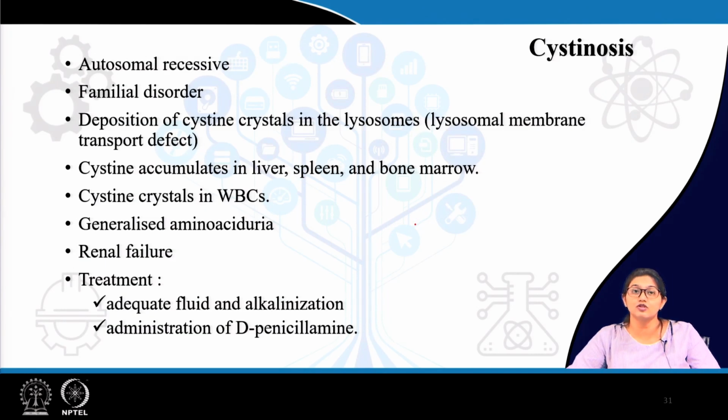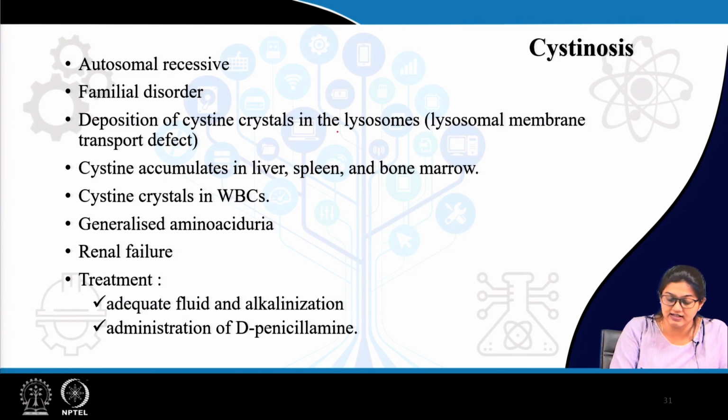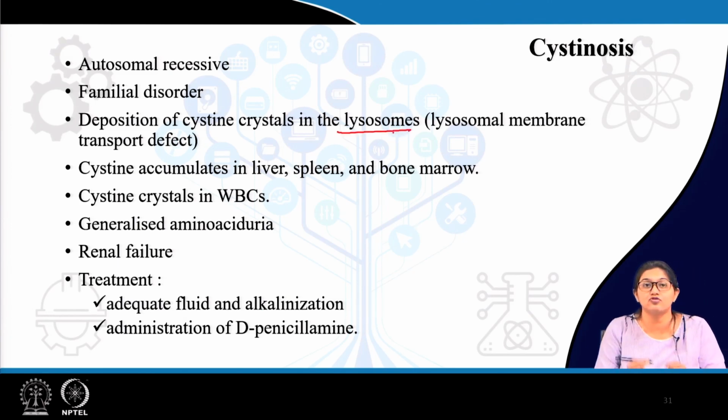Then cystinosis, this is an autosomal recessive disease and also a familial disorder. So, in a family this genetic type of disease can be seen in related members. Cystinosis is basically accumulation of cystine crystals in different tissues. Mostly what is affected is the lysosome, because the lysosomal membrane transporter is defective.